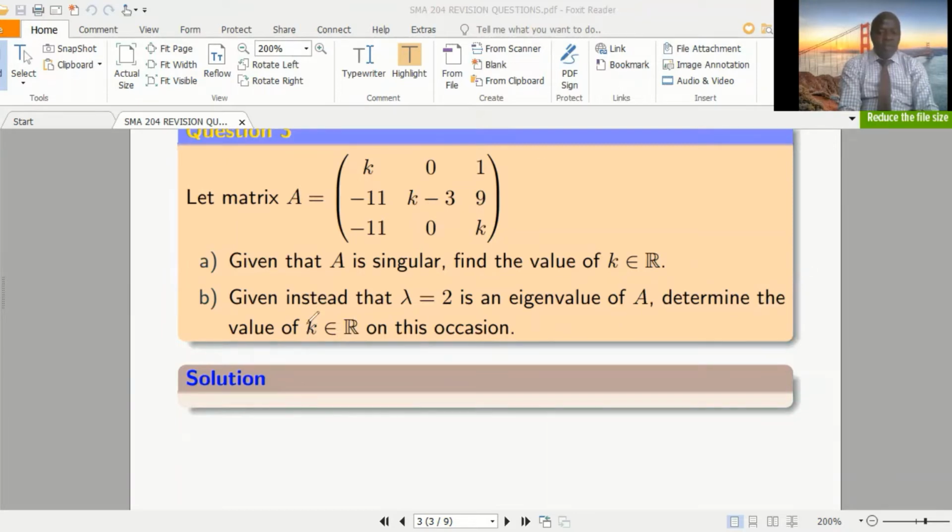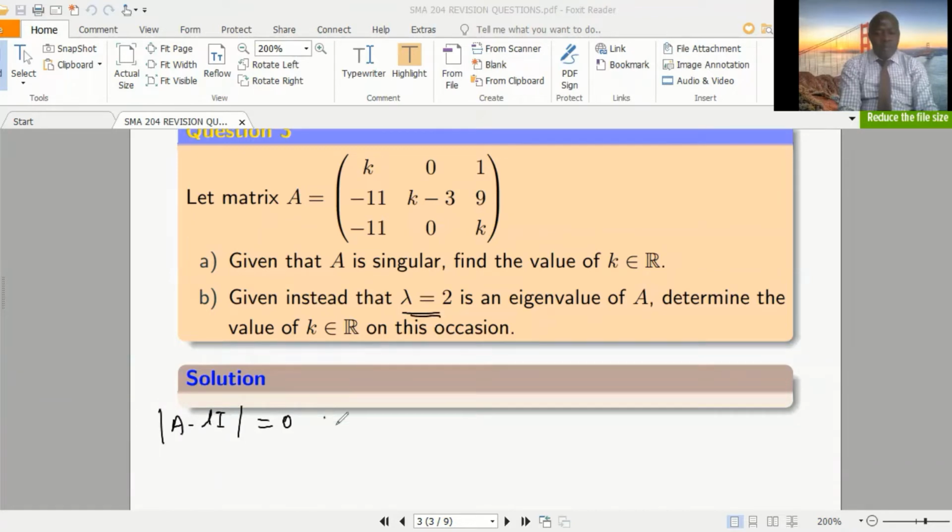Again, the question wants us just to get the real value of K. Now, this is an eigenvalue. What we know is that if we have matrix A and subtract lambda I from it and get the determinant of the result, the answer should be 0, where this lambda is an eigenvalue.